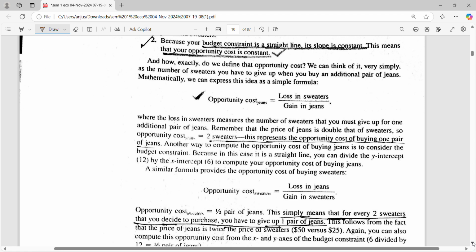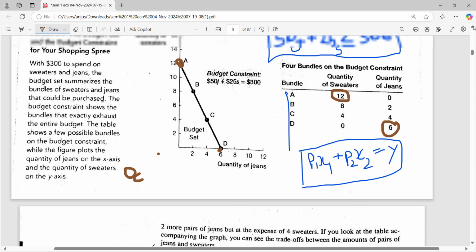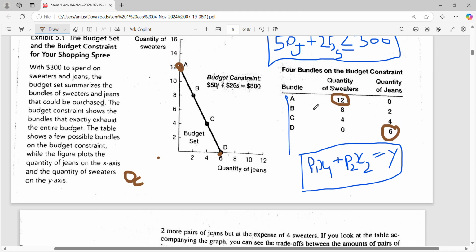Mathematically, let's take the combination of the B bundle. In the B bundle the number of sweaters is 8 and jeans is 2. I'll show you in the table. From A to B, 4 sweaters are lost to get 2 pairs of jeans.